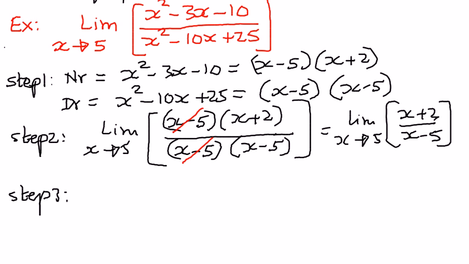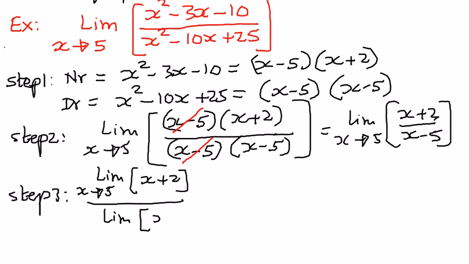And before that, since we have a numerator part and the denominator part, we can use the quotient rule here, and then therefore write this one out as the limit of the numerator part of the function, x plus 2, as x approaches 5, divided by the limit of the denominator function, x minus 5, as x approaches 5, right? So let me write this a little more cleaner, as x approaches 5.